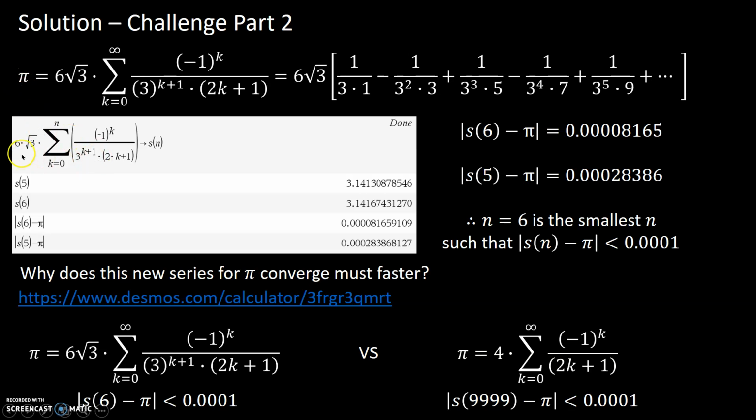So looking through the calculator, if we store this series in our calculator and we look at S5, well, even with only 5 terms, that's 1, 2, 3, 4, 5, we are already looking at 3.1415. Well, that's not a lot of error, right? So this fifth partial sum is almost within our error margin.